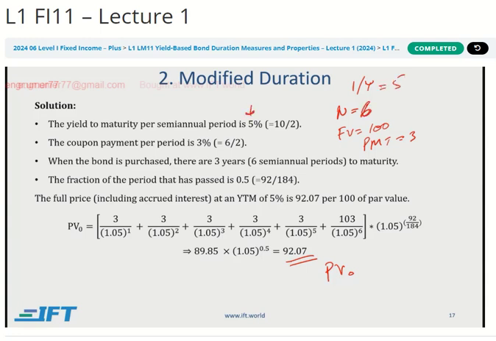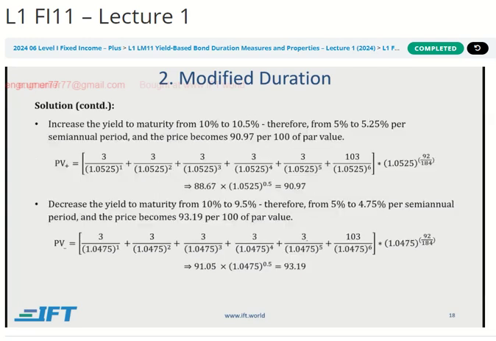And calculate your PV. And then you need to load up that PV for 3 months, right? So you take that PV that you calculate initially and you load it up with some accrued interest. So 5% is for 6 months, but we only have half of that. So 92 over 184, which is basically 0.5, right? So you load it up with the interest and you get your PV0.